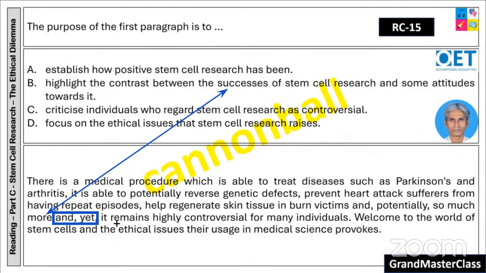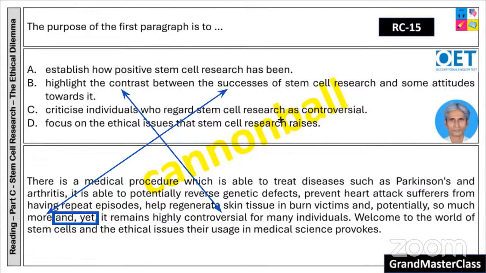Now, next one, it remains highly controversial for many individuals. Controversial means against. So they are in contrast. They are in disagreement. They are against. Highly controversial. So that means they are not ready to accept. So that is a contrast between the positive and the negative.